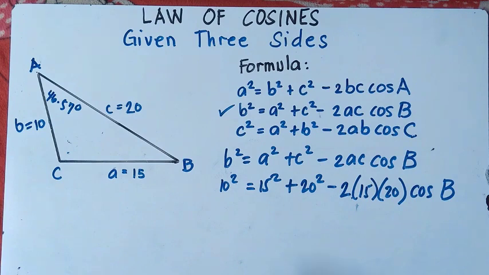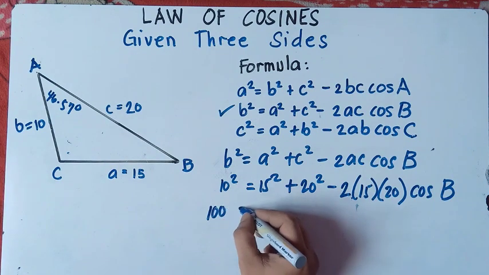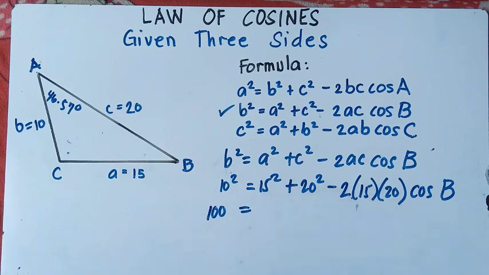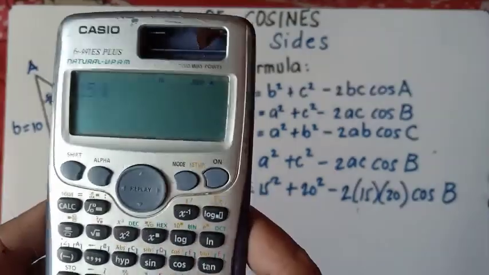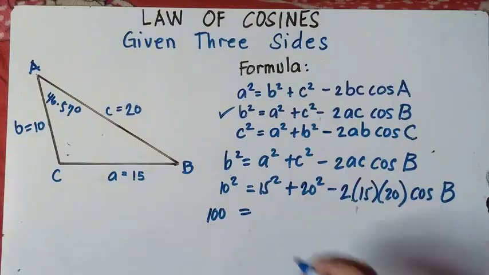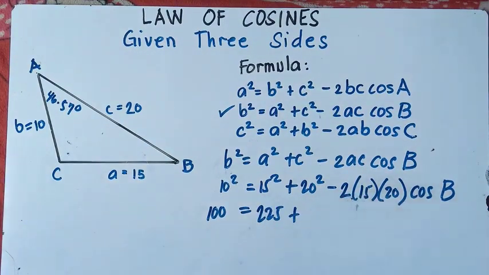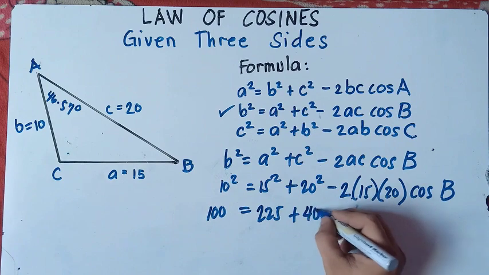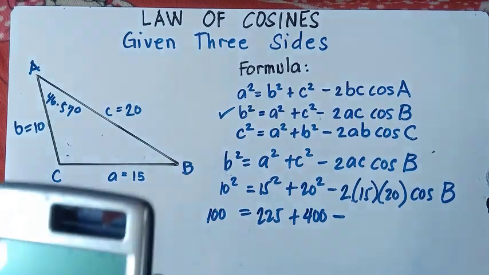Alright, so let's simplify. 10 squared means 100. Equals 15 squared, it means 15 times 15. So use your calculator, 15 times 15. So you have 225. So 225 plus 20 times 20. We answered that a while ago. That's 400. Minus, you multiply this one, 2 times 15 times 20.